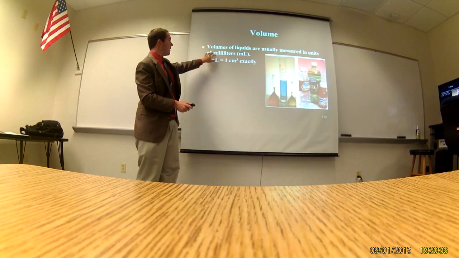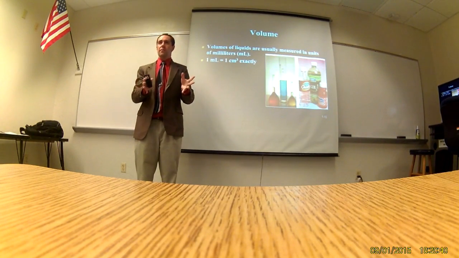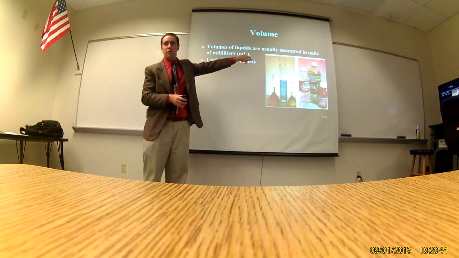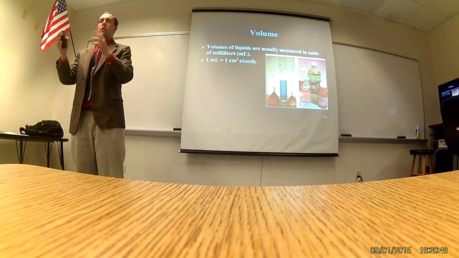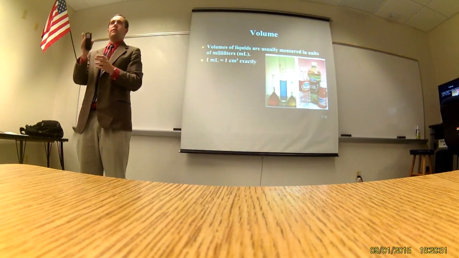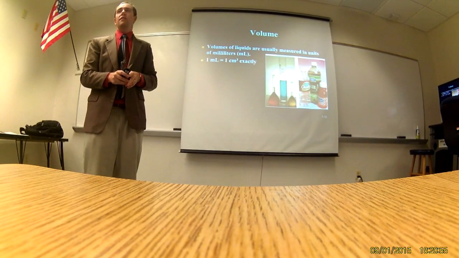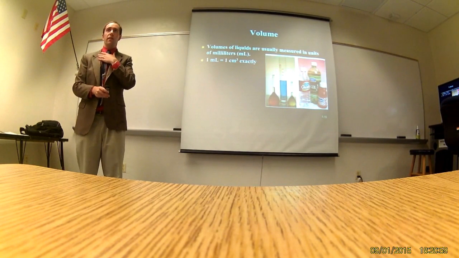Taking away the cube makes the math so much simpler, because in liquids, we use liters. So it's basically the ability to go from one unit to another just by saying this is equal to this. Does 1 milliliter equal 1 cc? Yes. In science, we do milliliters.